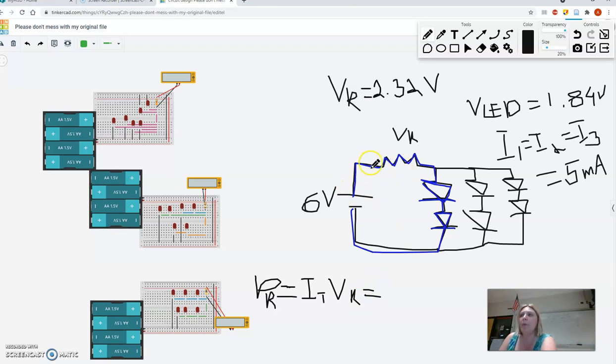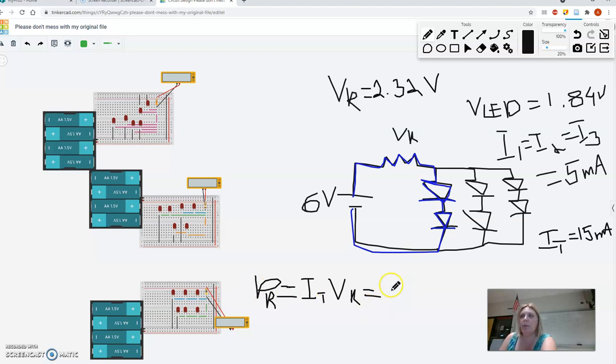I'm going to have three little currents going through this resistor at once, so my I total is going to be 15 milliamps. So what is going to be the power dissipation for my resistor?